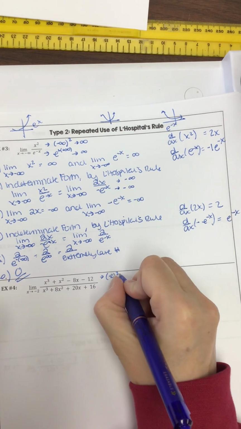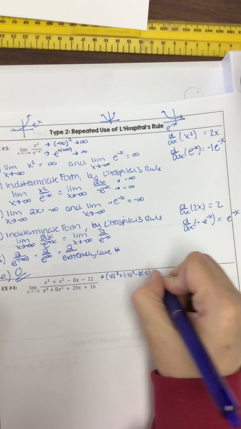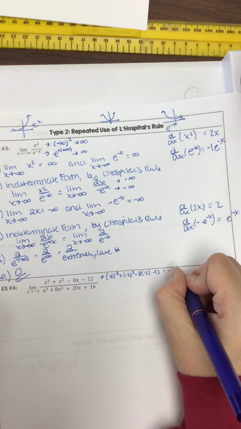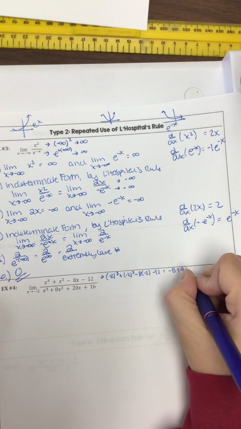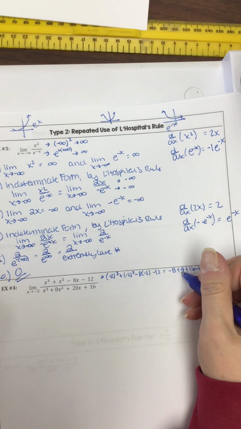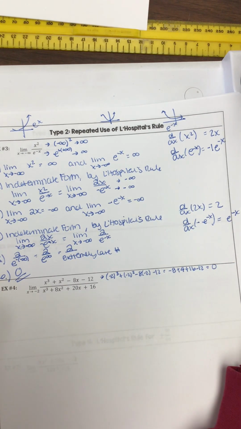If we plug in negative 2, we have negative 2 cubed plus negative 2 squared minus 8 times negative 2 minus 12, which would be what? Negative 8 plus 4 plus 16 minus 12. 16 and 4 is 20, and negative 20 is 0. Fair?